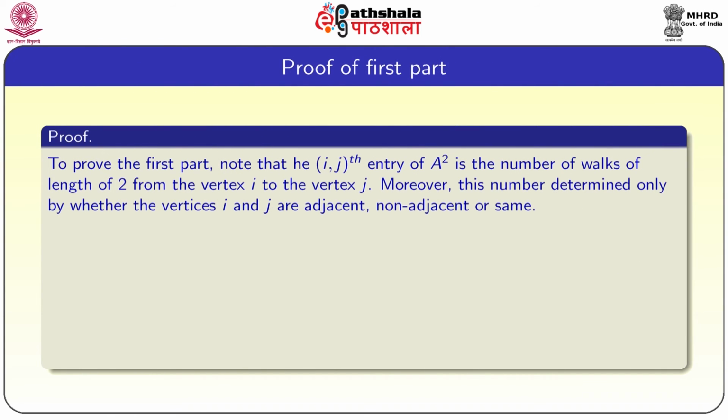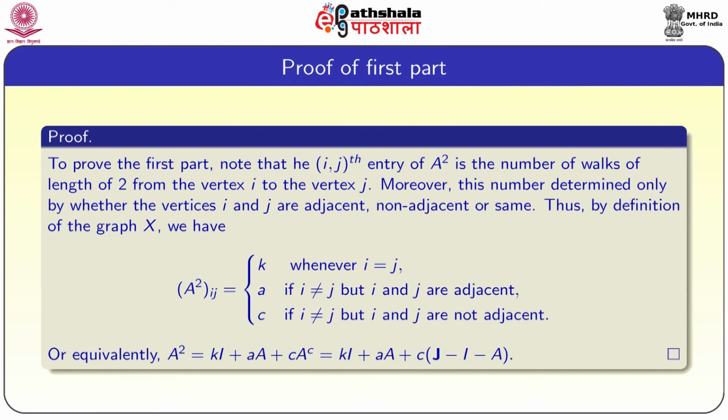To prove the first part, note that the ij-th entry of A squared is the number of walks of length 2 from vertex i to vertex j. Moreover, this number is determined only by whether the vertices i and j are adjacent, non-adjacent, or the same.